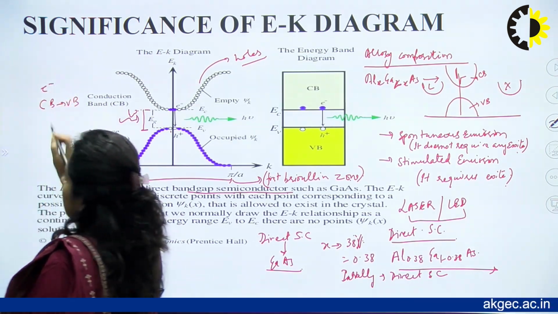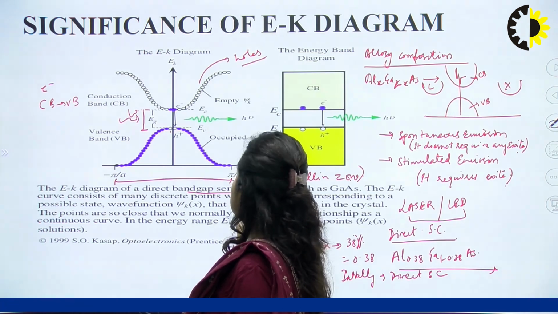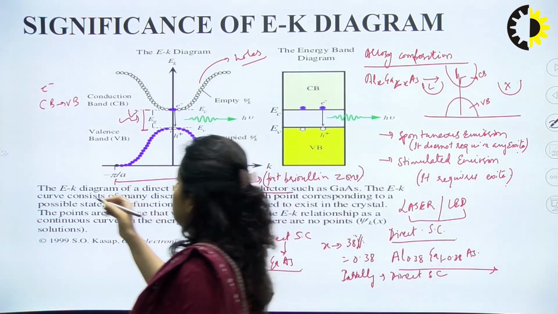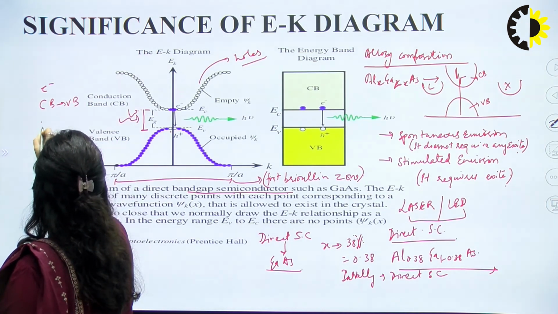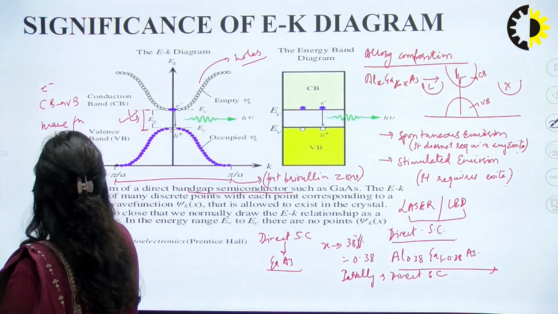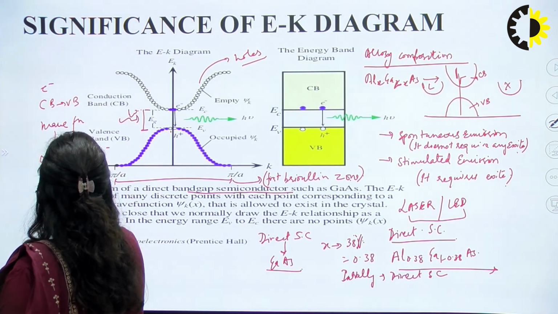Then we have to see what the occupancy of the electrons will be, which is defined by the wave function, which defines the occupancy of the electrons in the valence band.